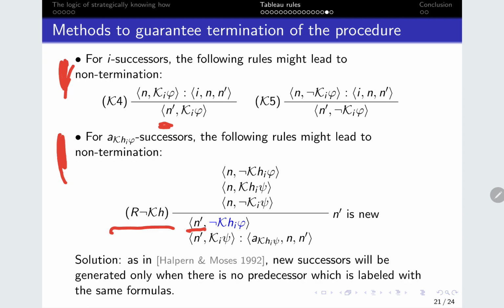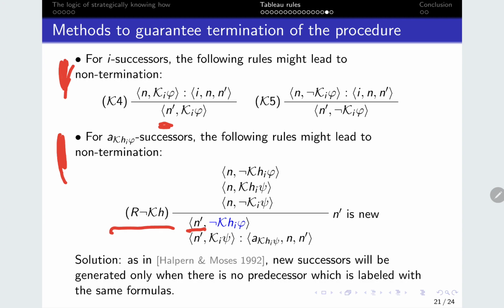This means the length of the formulas labeled on the nodes might not get shorter and shorter. So the procedure might go on and on without a stop.